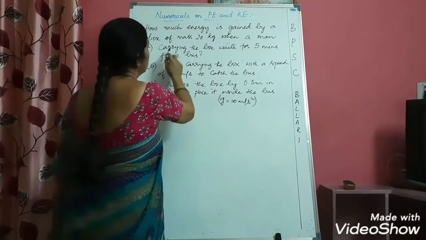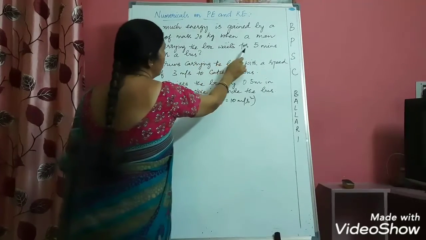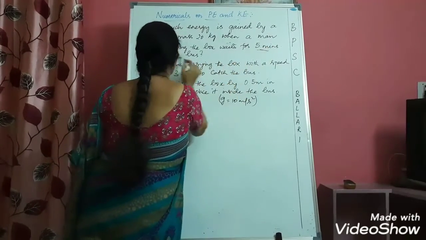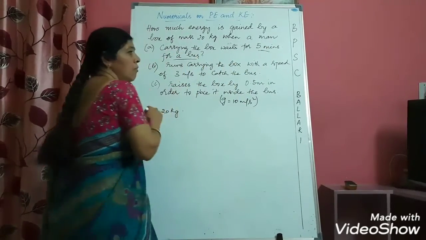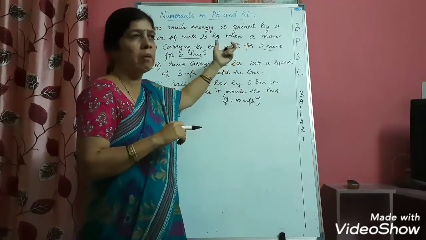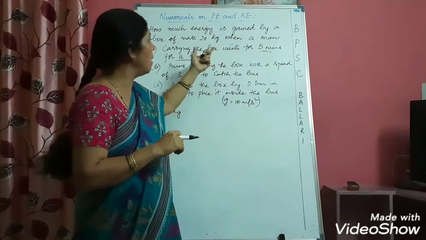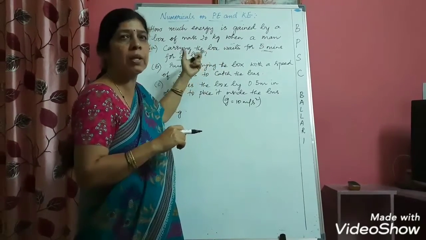Now here, what is given: the man initially is carrying the box and he waits for 5 minutes for a bus. Already we know that there is no displacement happening here, so work done will be 0. The man is carrying the box and he is just waiting for the bus.